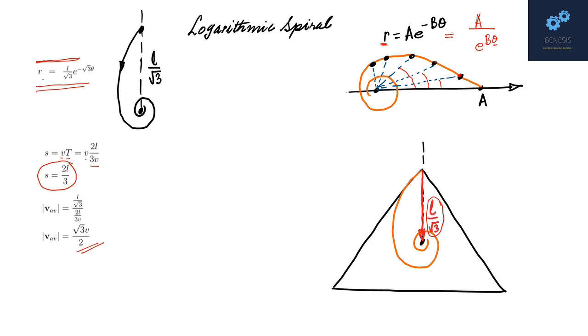If this is not obvious to you, then you calculate the average speed by doing distance by time. Distance traveled is 2L by 3, time is 2L by 3V, you will get an answer of V. But you really don't need to do this calculation because here it is clear that as the speed is constant, the average speed throughout is going to be V only.